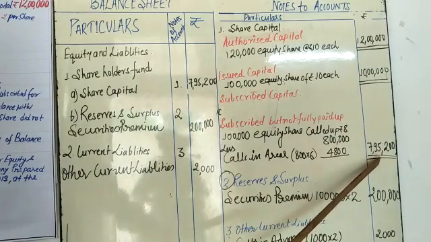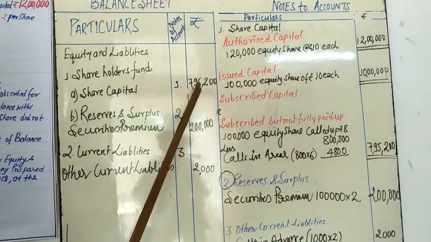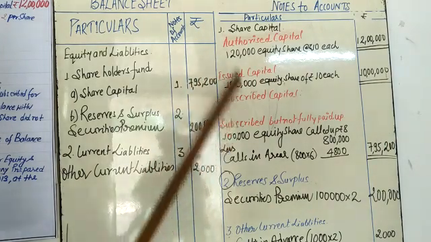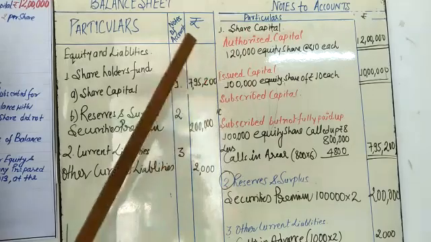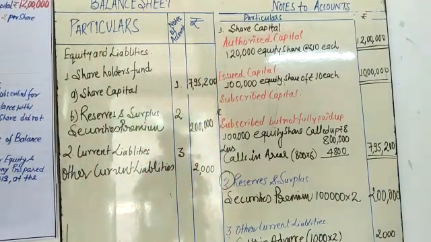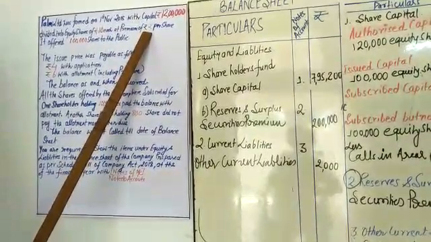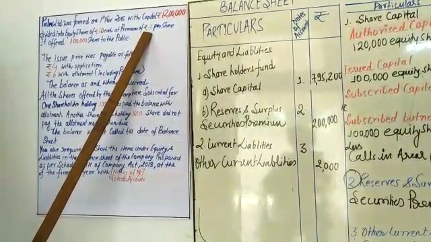This is the actual amount which the company collected in the bank account. So you have to show the share capital 6,95,200. But in this process, you observe the company issued these shares at a premium of 2 rupees. The premium is in reserves and surplus. Premium is capital income.